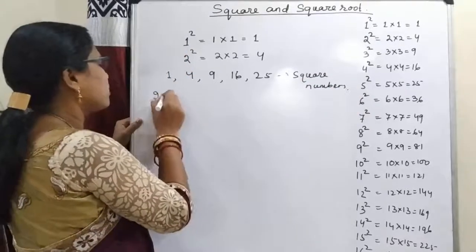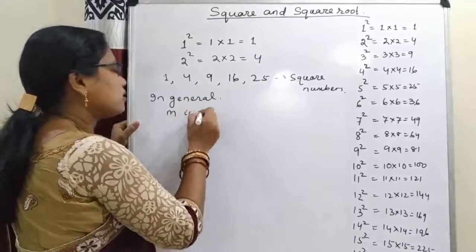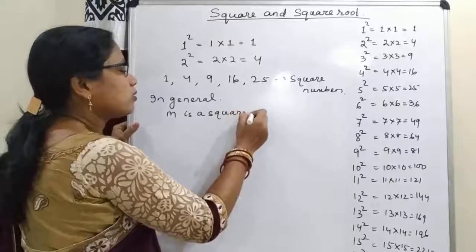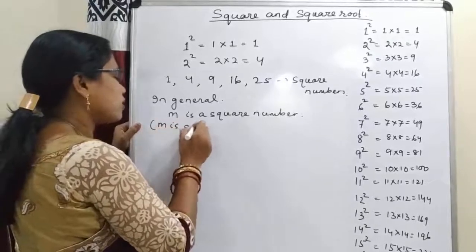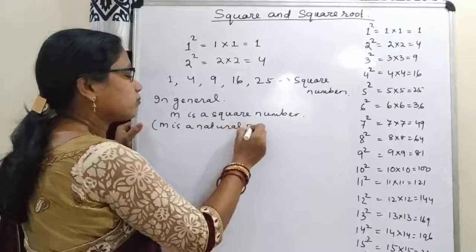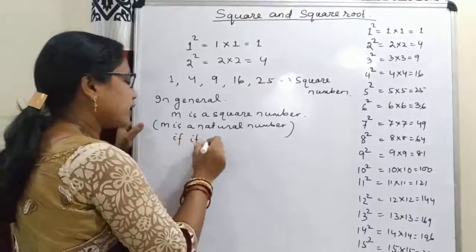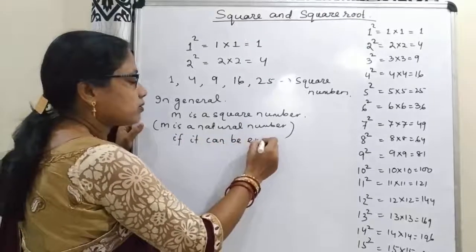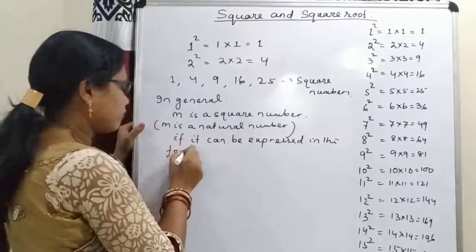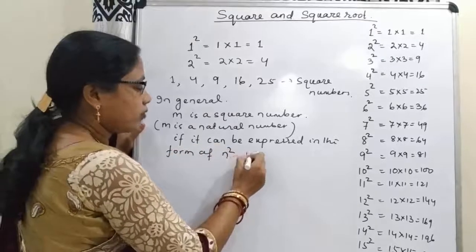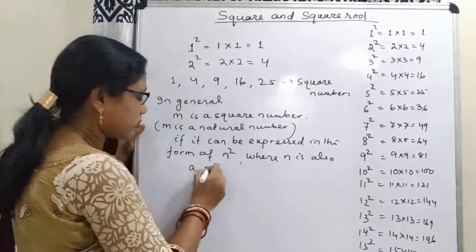So in general, m is a square number, where m is a natural number, if it can be expressed in the form of n square, where n is also a natural number.